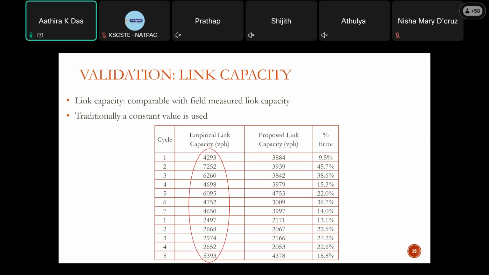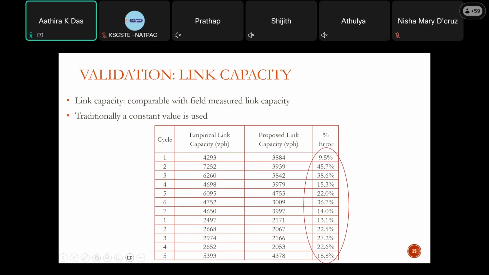So this confirms that a constant link capacity is not suitable for a mixed traffic network. And then it is used to validate the proposed link capacity values for each cycle, and high errors were observed, and this may be due to the small link length that was considered, which may have resulted in the error for the parameters, that is jam density and saturation flow.